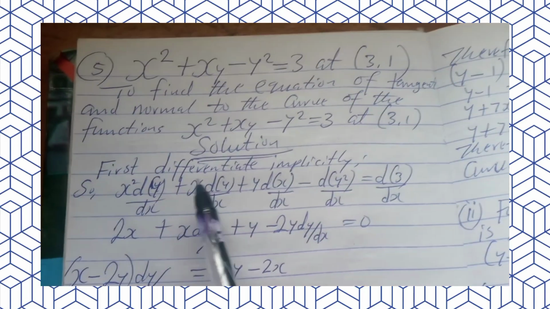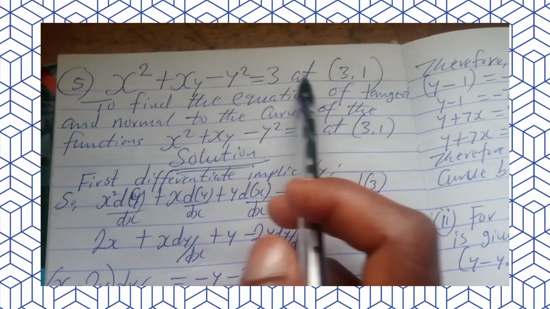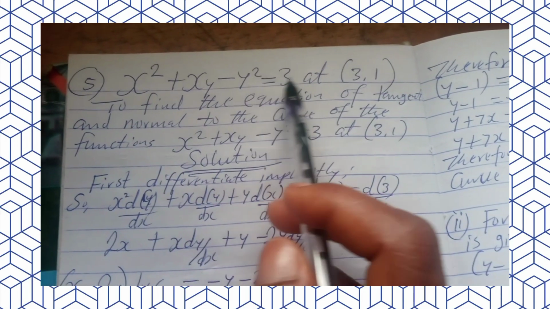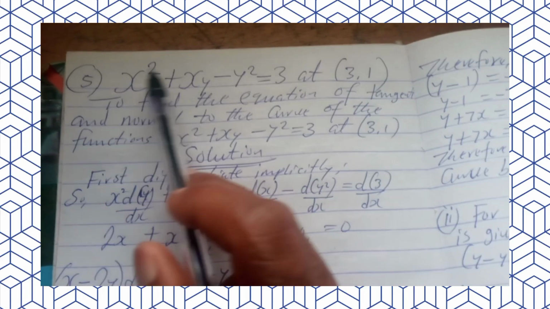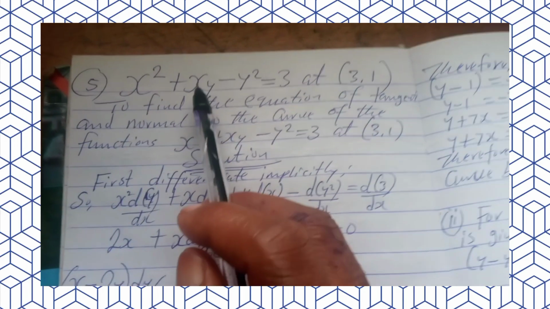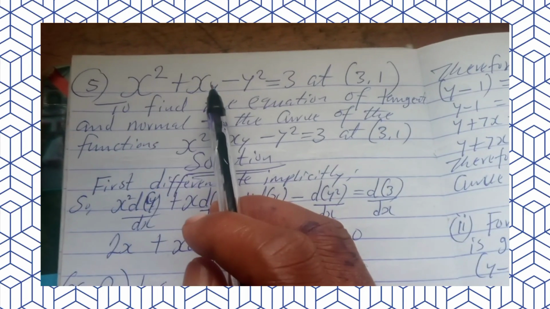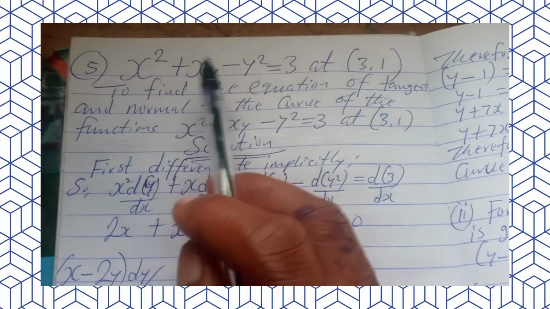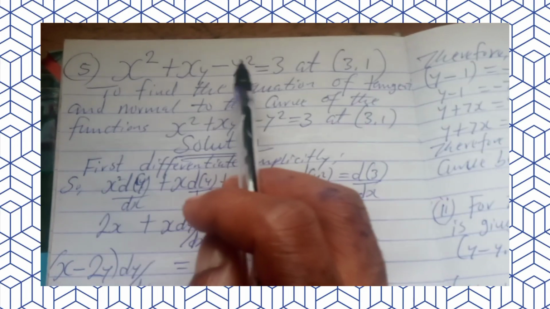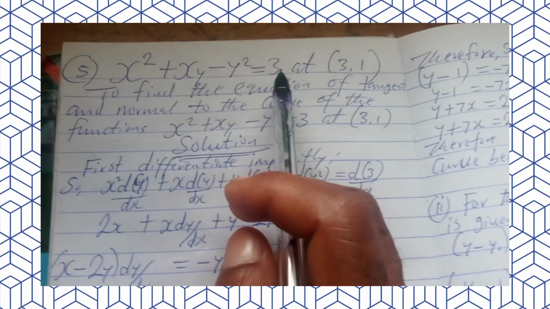So we are differentiating all these terms implicitly, which means separately. We differentiate x squared separately, we differentiate xy, then we add plus in between, then after that we differentiate y squared also, and differentiate the constant.